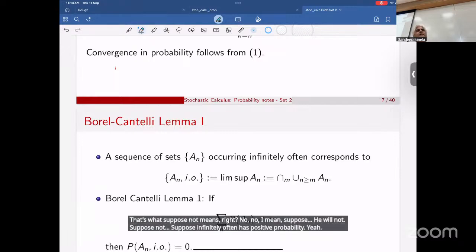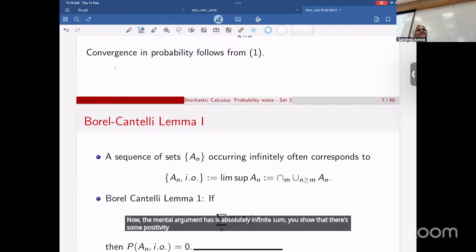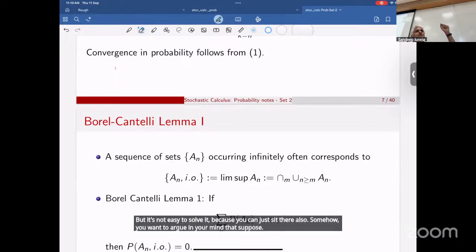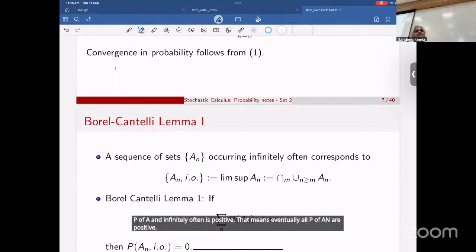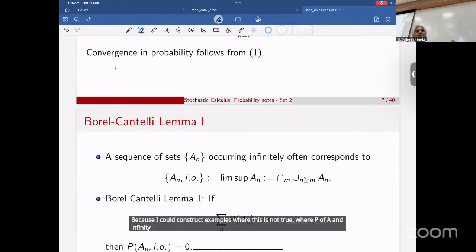Now the argument has an infinite sum. You want to show that there's some positivity to all of them. But it's not easy, because you can just say that's measure 0 or something. Somehow you want to argue that if P(A_n infinitely often) is positive, then eventually all P(A_n) are positive, and hence the summation is infinity. But it's more delicate than that, because I could construct examples where this is not true: P(A_n infinitely often) being positive need not mean that each P(A_n) is positive.